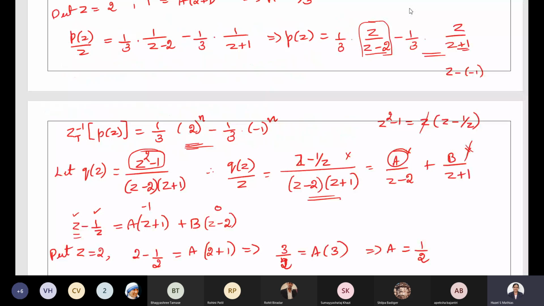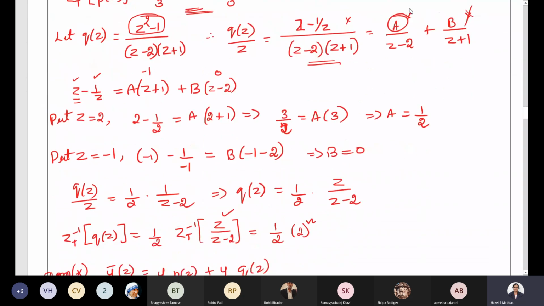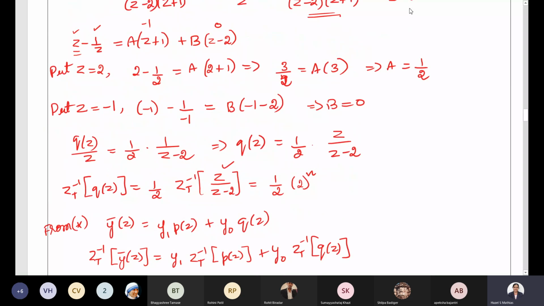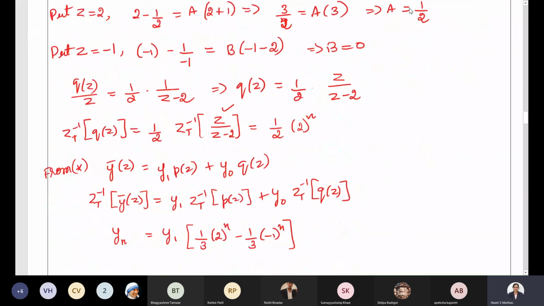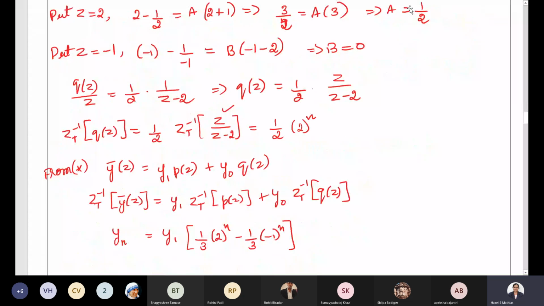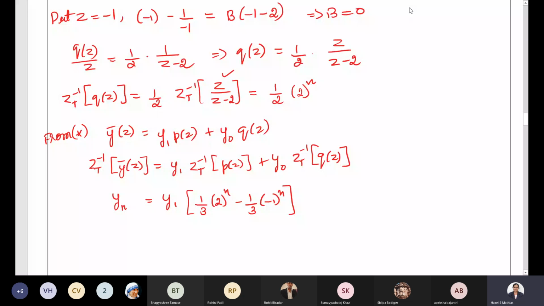Inverse Z transform of P of z is 1 by 3 into 2 power n minus 1 by 3 into minus 1 power n. Then we have inverse Z transform of Q of z. What is it? Here it is. Plus half times 2 power n with y0.